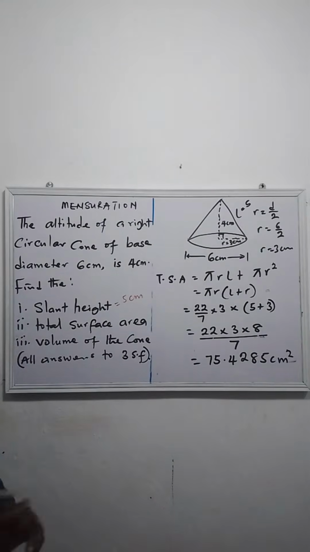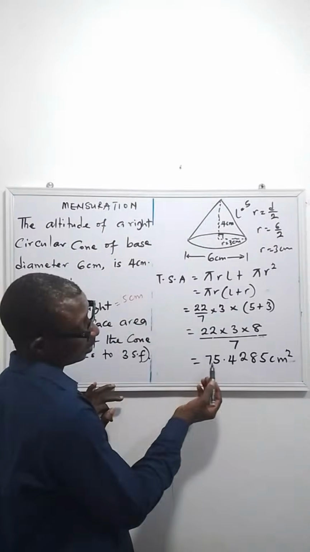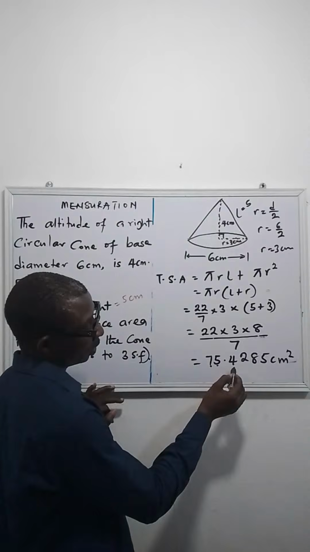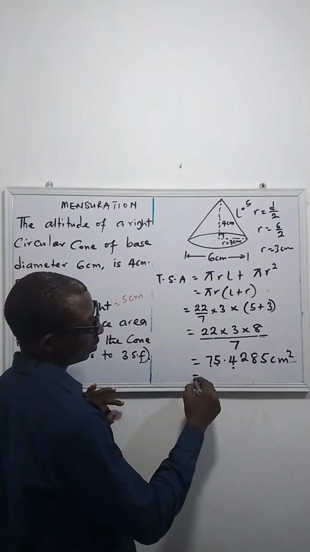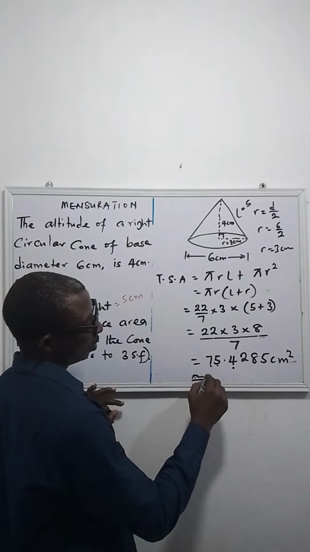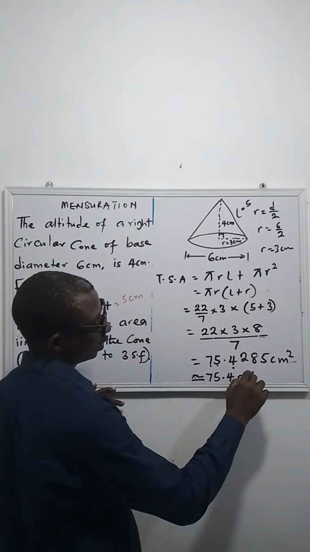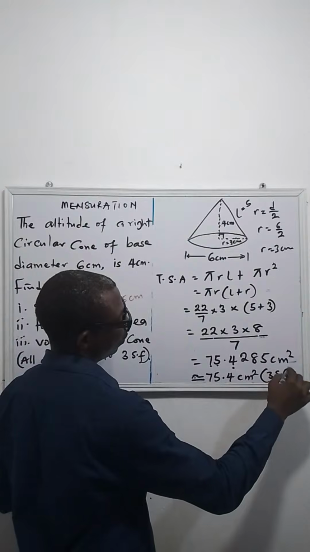So you count 3 digits. This is the first significant digit, 7. So you count 1, 2, 3. This way you stop. So your answer now is going to be 75.4 centimeter square, to 3 significant figures.